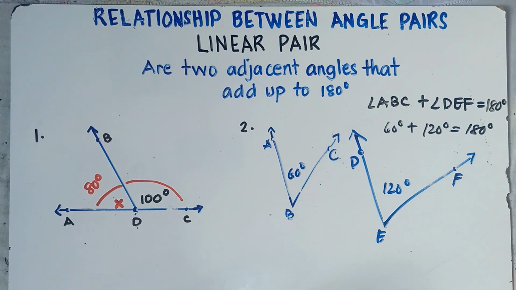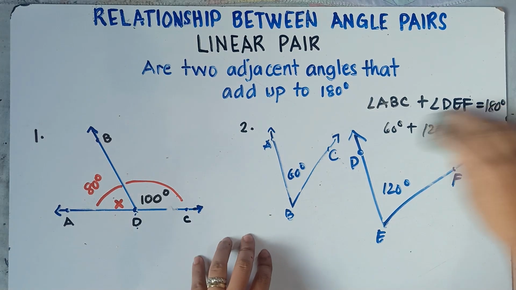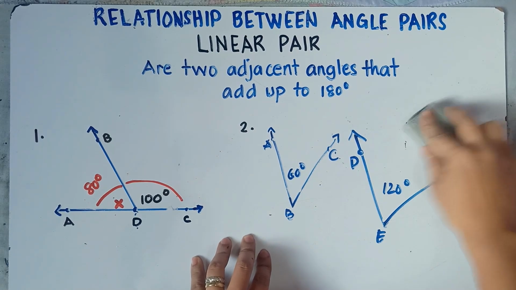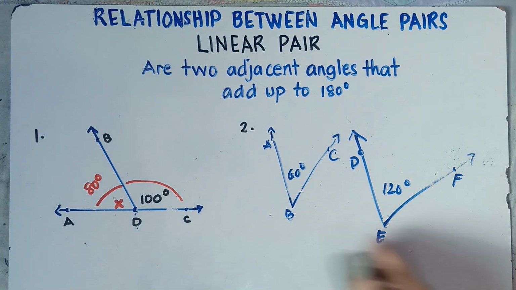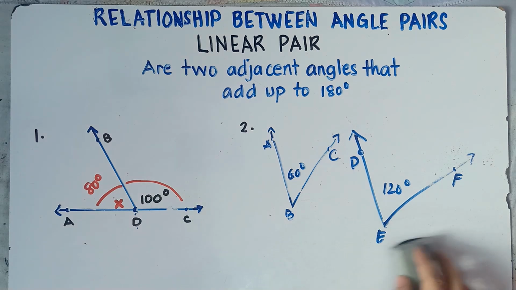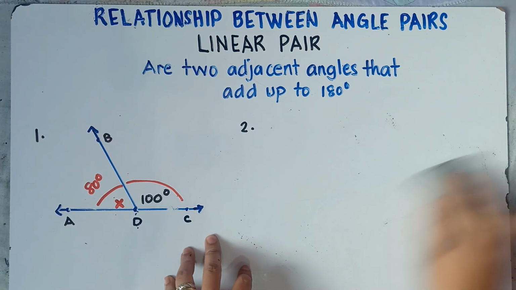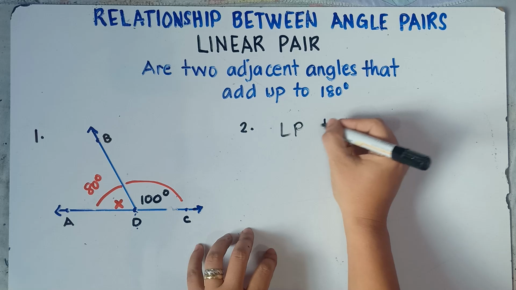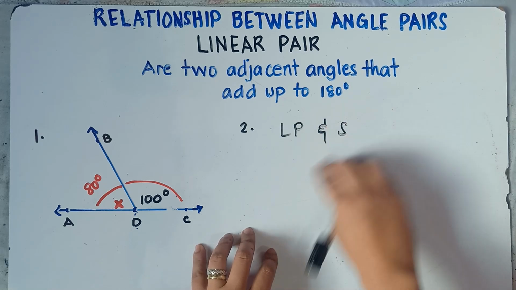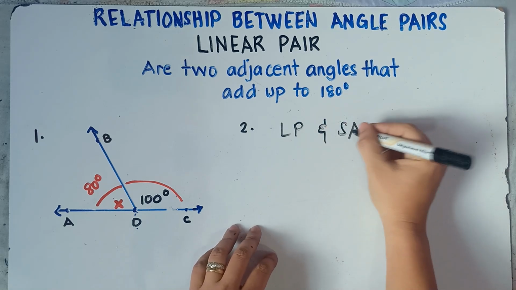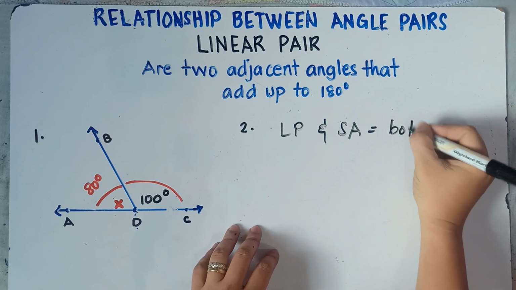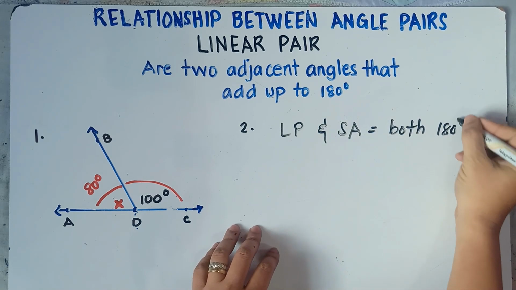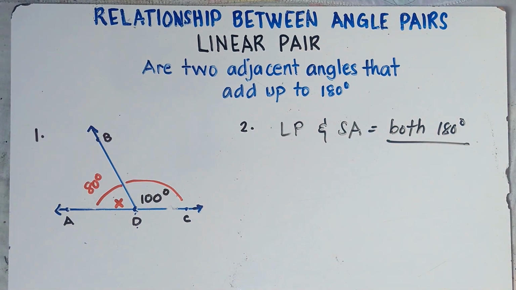So therefore, the difference, class, let me just write the difference. Alright, let me just erase. I hope you get this one, class, for number 2. I'll be erasing this one so that we can write the difference. So we can say that linear pair and supplementary angles, I will just put SA for supplementary angles, they both add up to 180 degrees.